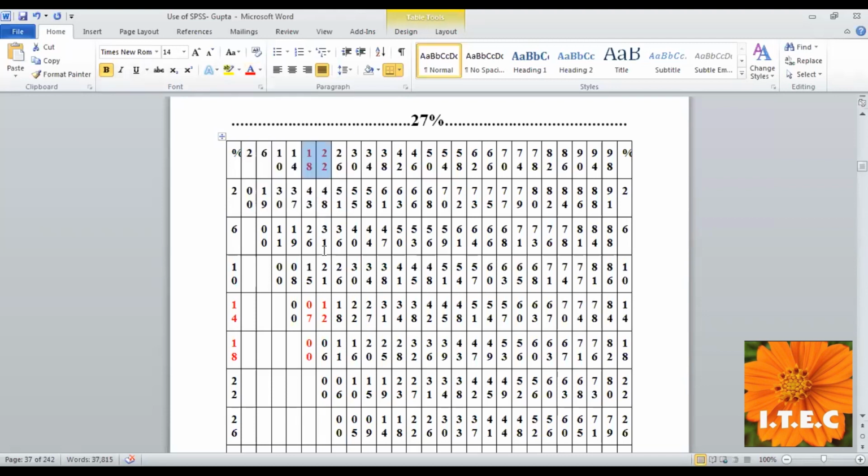So 18 and 22. So these are the values. Please see, I am writing the values.